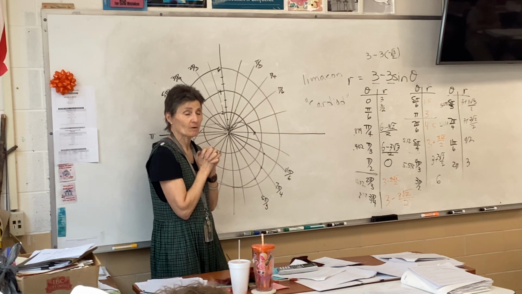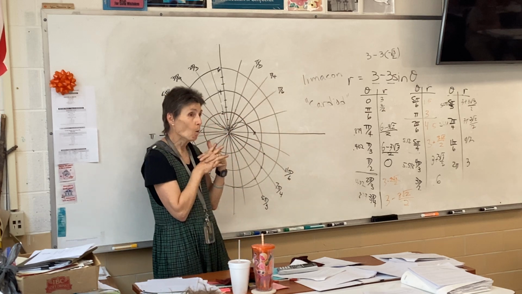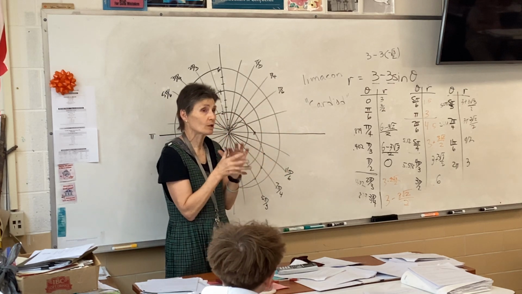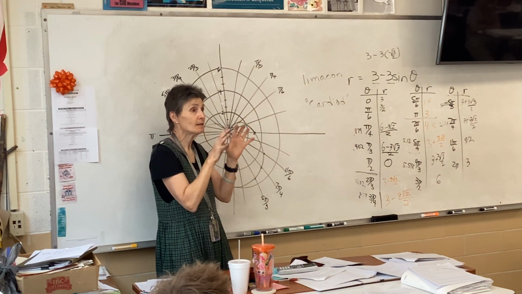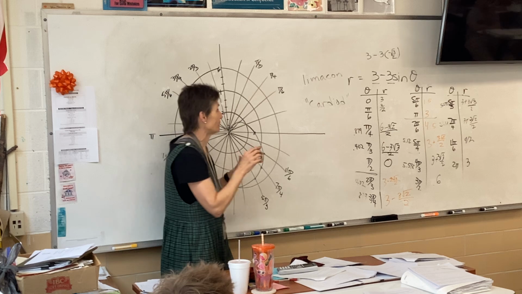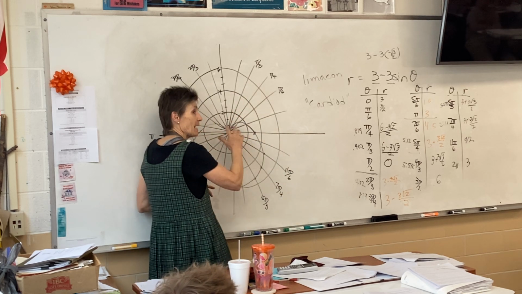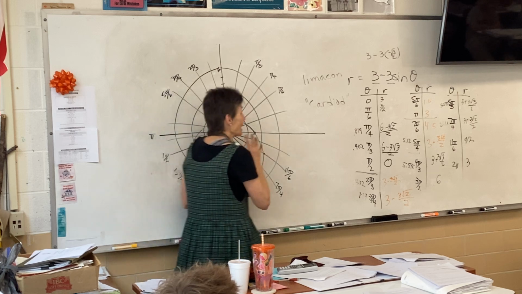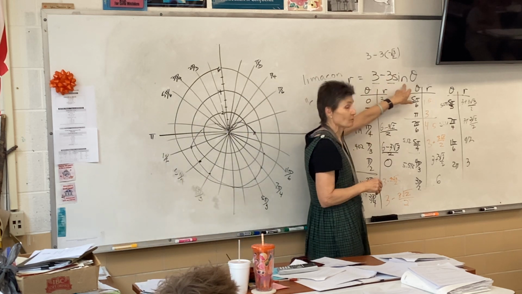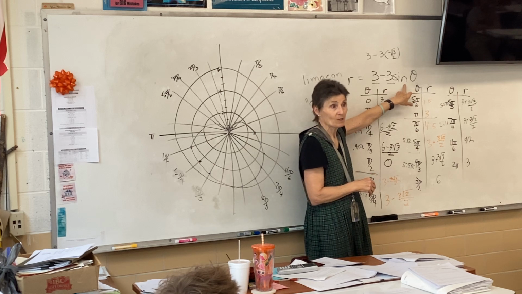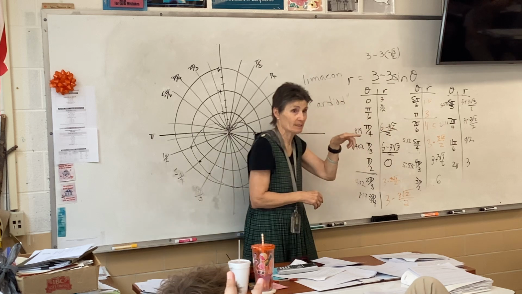Depending on whether that's an addition or a subtraction, or if it's a sine or a cosine, the heart, the indentation, can be on any side of it. So it could be sideways. It could be upside down. That depends on whether that is positive or negative, and whether this is a sine or a cosine. And we're going to explore that a little bit when we get to our calculators.